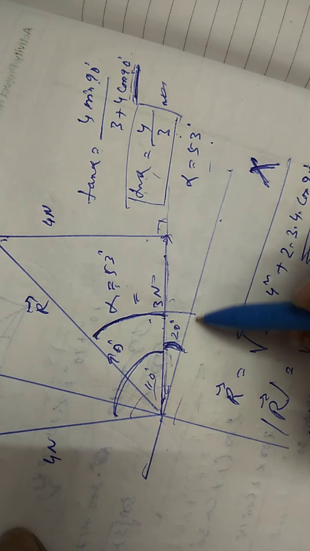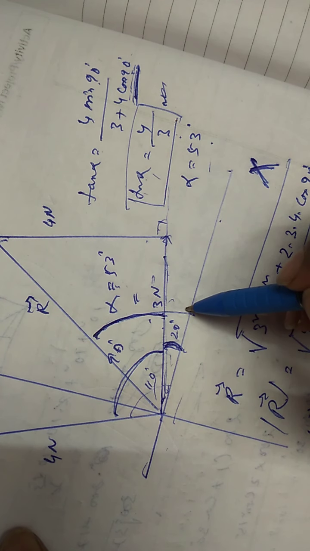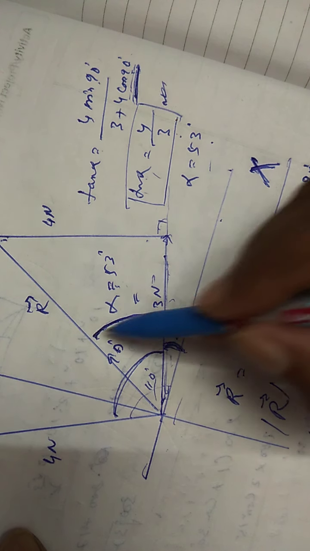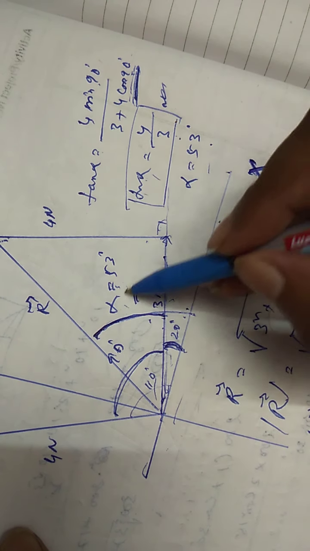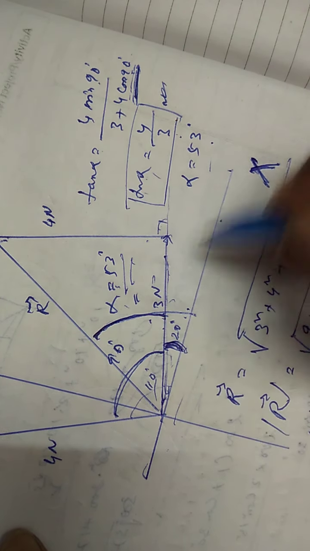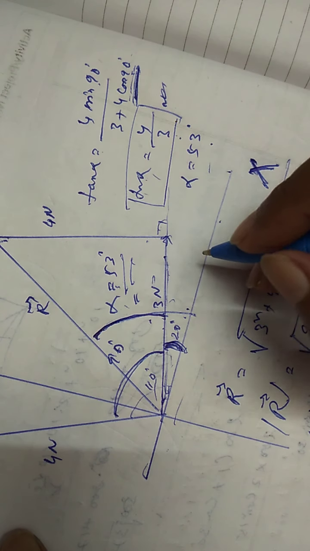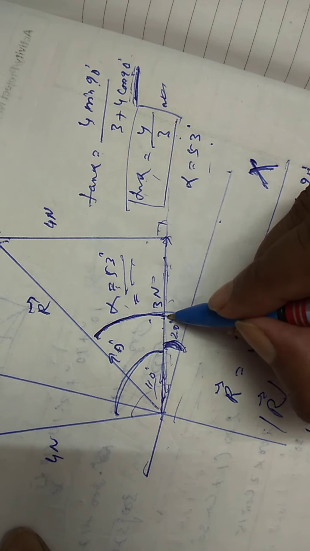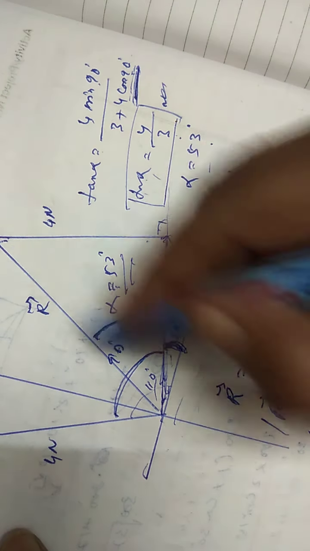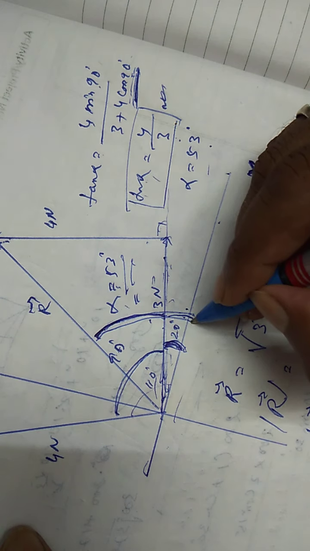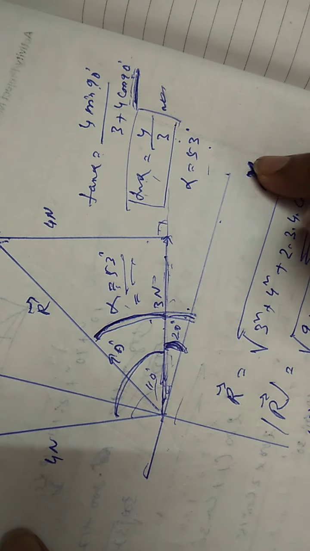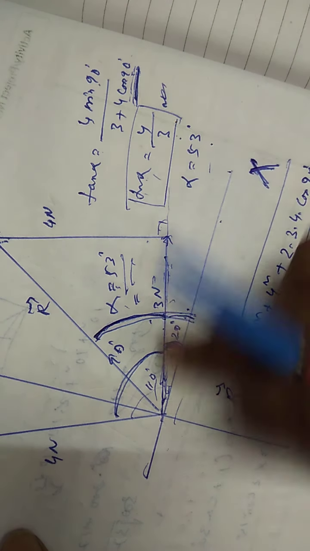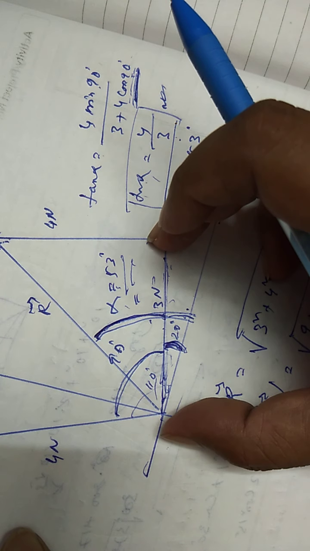So with the x-axis, it is 53 plus 20, that is 73 degree. So R is acting at an angle of 73 degree with the x-axis and 53 degree with 3 Newton. That's the result.